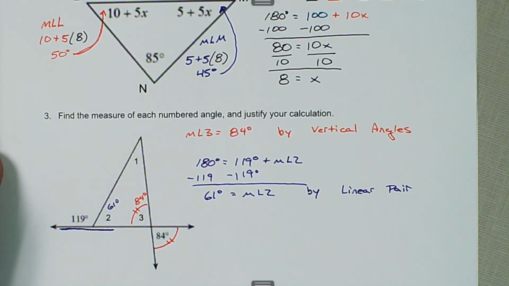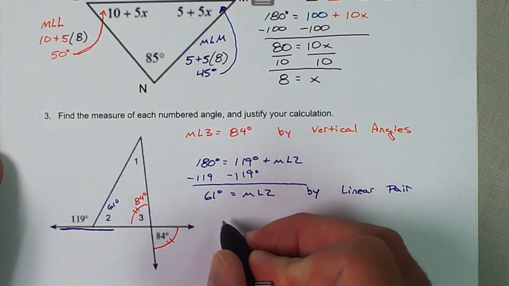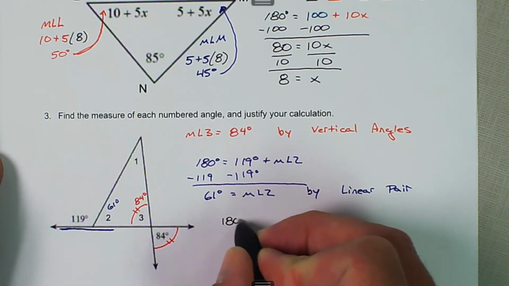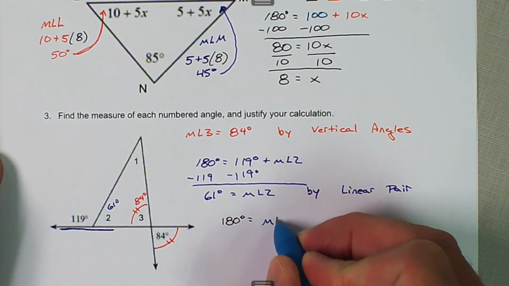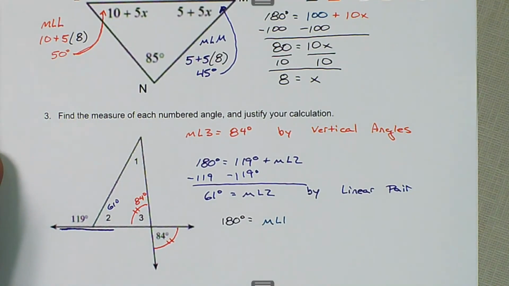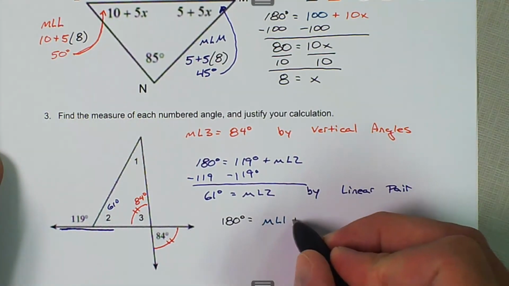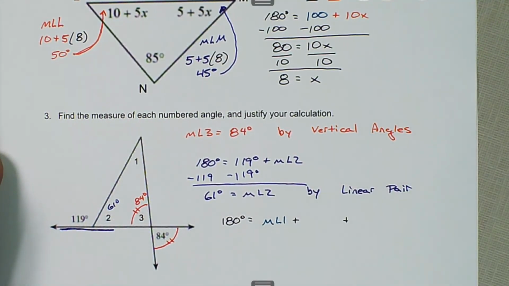And then we can use that in the triangle sum theorem to figure out what the measure of angle 1 is. So the triangle sum theorem says 180 degrees is equal to the measure of angle 1 plus the measure of angle 2 plus the measure of angle 3.